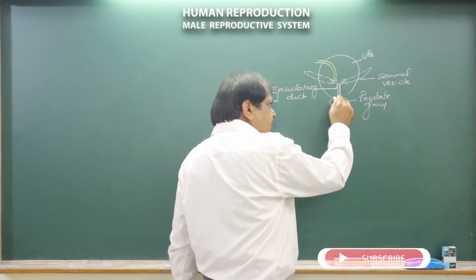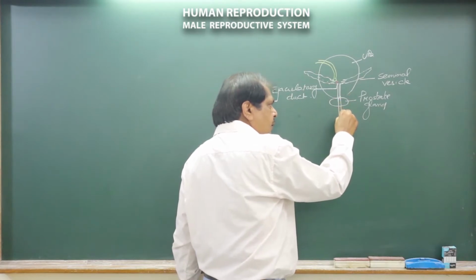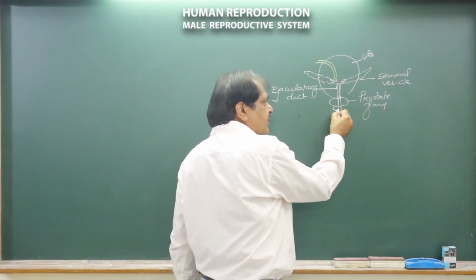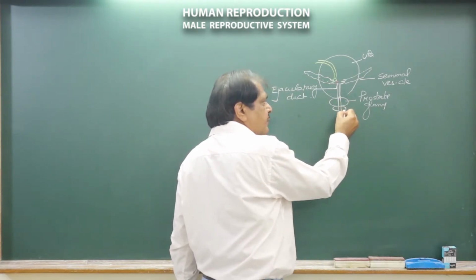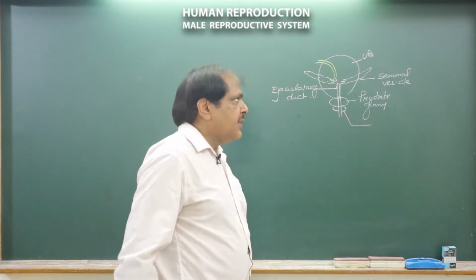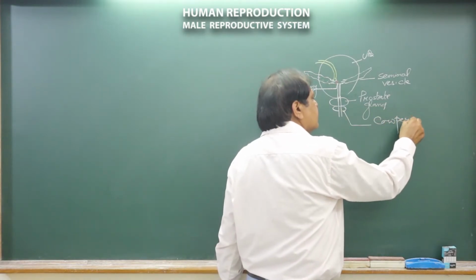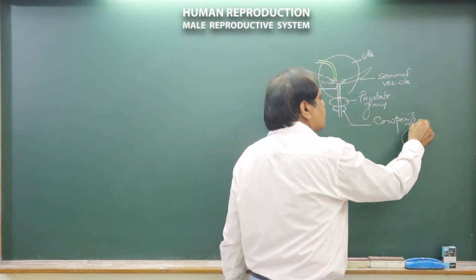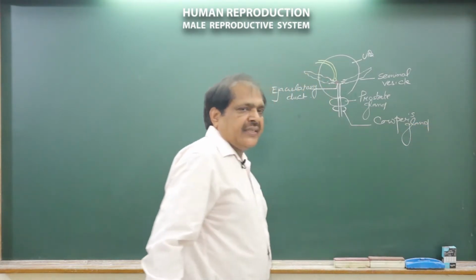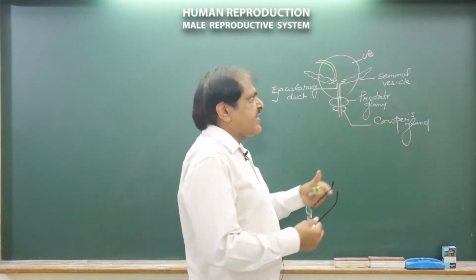And then it comes into another gland, which is the smallest gland, and this gland is known as the Cooper's gland, or bulbourethral gland.